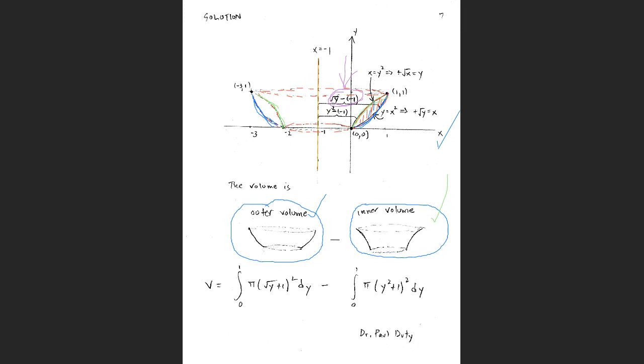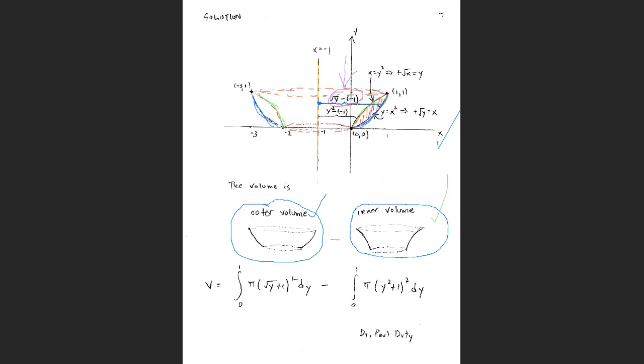Well, the outer radius goes from the axis of rotation all the way to the outer function.